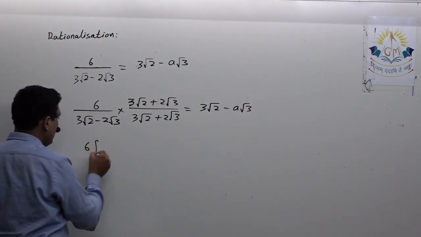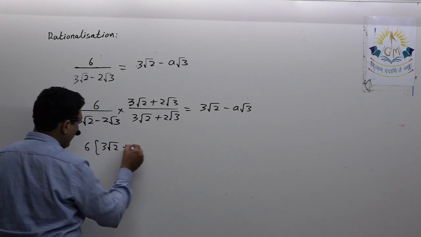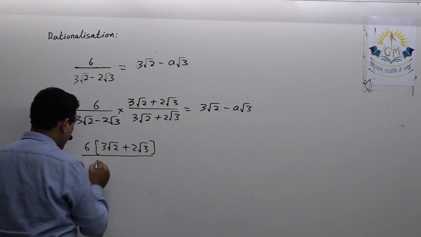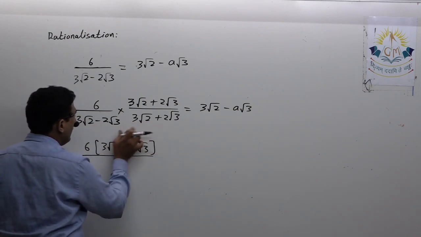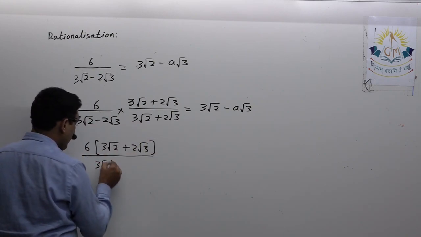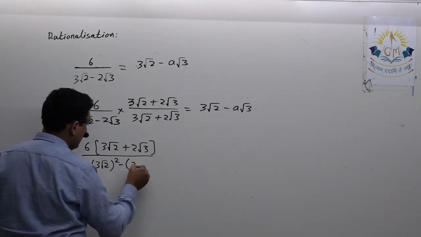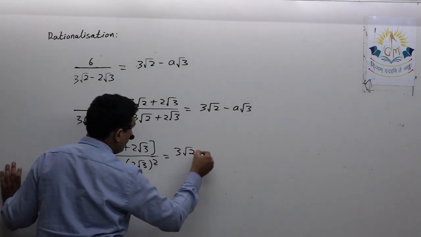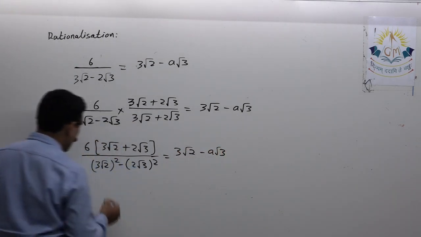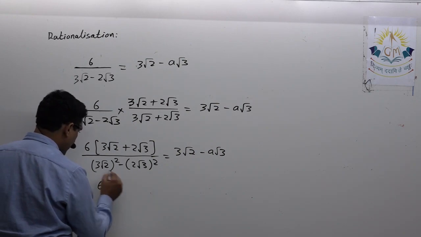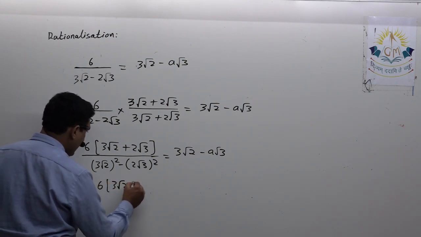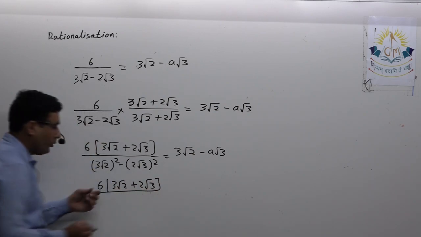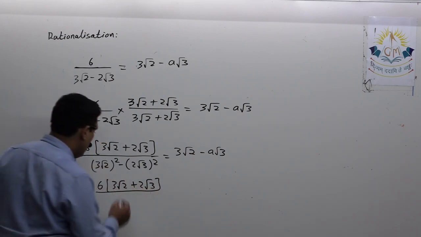Now in the numerator 3 root 2 plus 2 root 3, divided by, in the denominator it is a minus b, a plus b, so a square minus b square, is equal to 3 root 2 minus a root 3. Now over here I am keeping 6 outside the bracket only, because it is quite possible that this 6 will cancel out with the simplified form of the denominator.